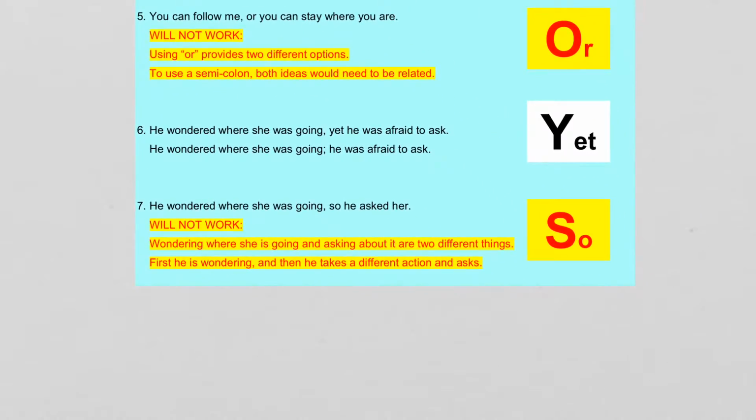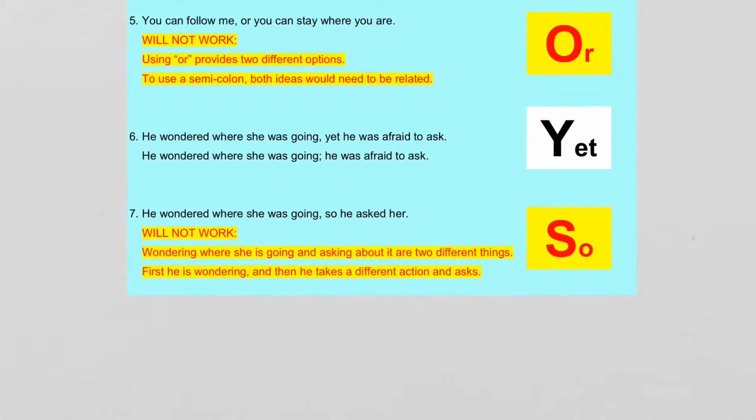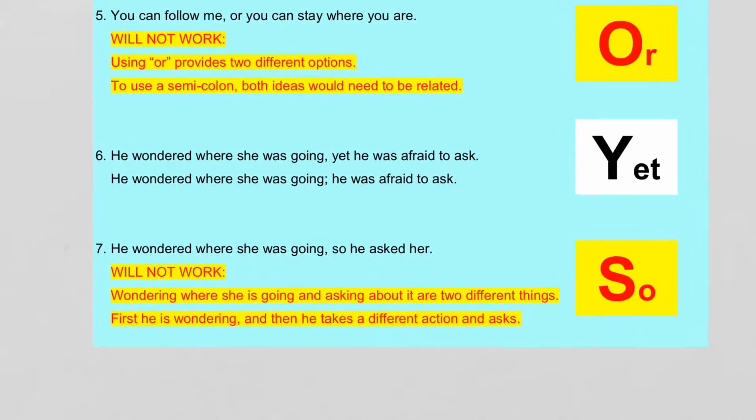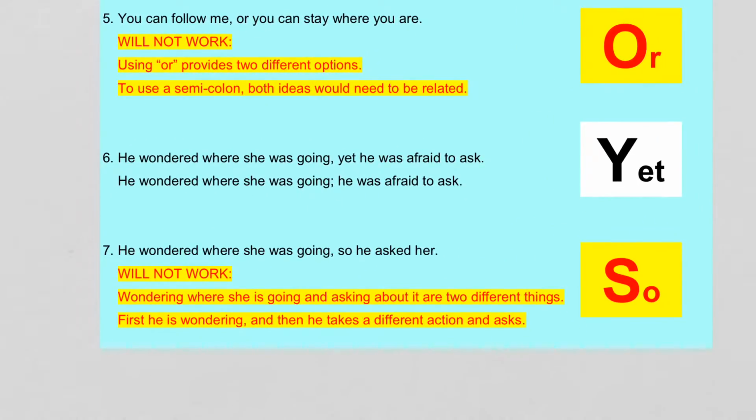Number 5, we're looking at the coordinating conjunction or. The thing with or is that it provides two different options. So that should be a big hint there. If we're talking about doing two different things, then the semicolon isn't going to work with it because, as I've explained before, the thoughts have to be related in the way that we need them to be related.